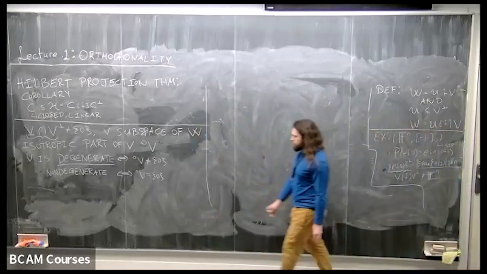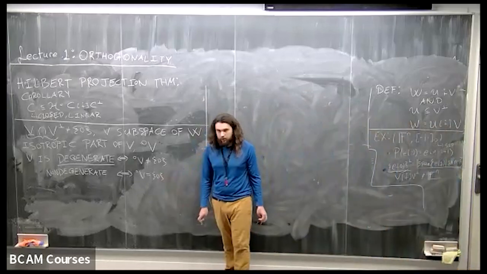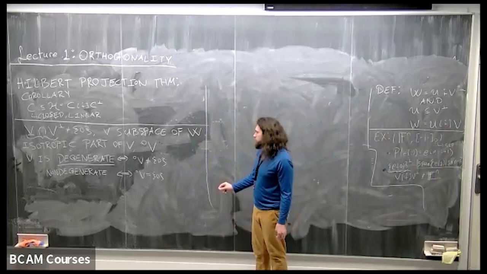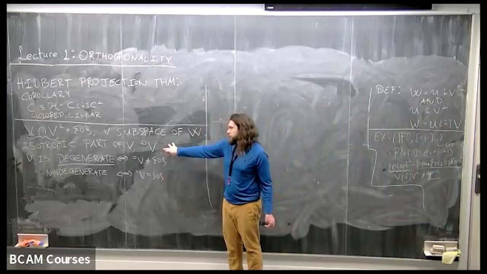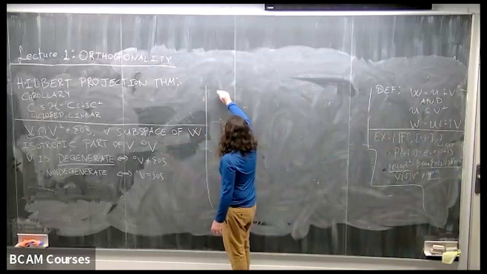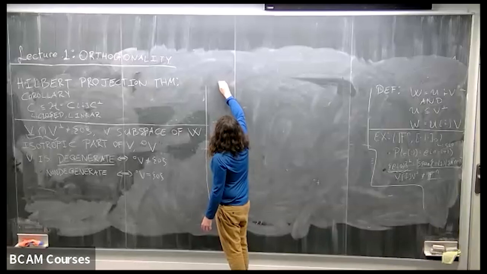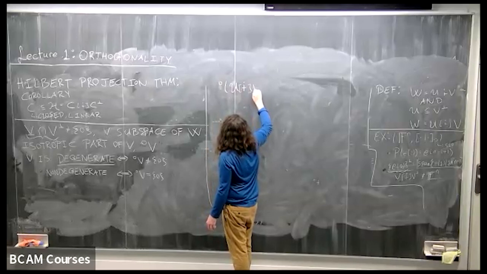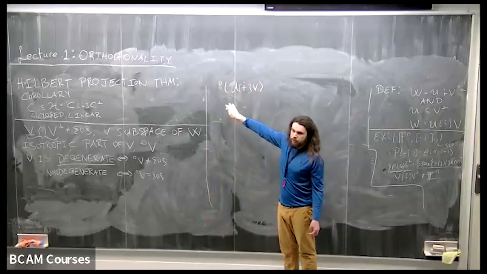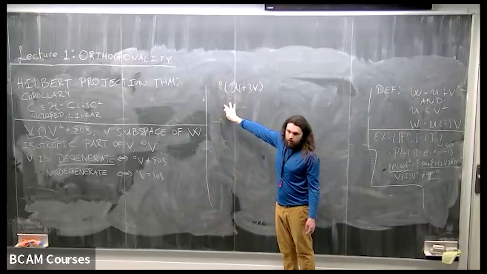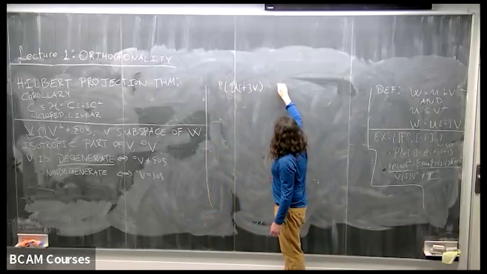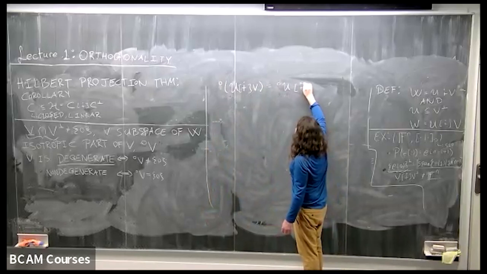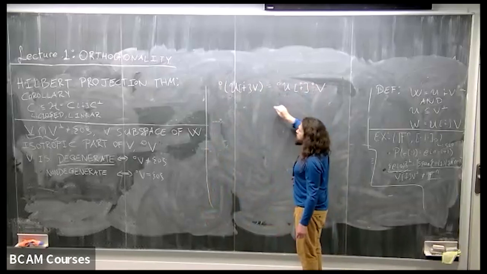As a first step to relating the non-degeneracy of a subspace to its ability to be a direct summand, I'll prove a quick lemma regarding the isotropic parts of direct summands, and that's this one. So I can either compute the isotropic part of a direct sum after doing the direct sum, or I can compute the isotropic parts first and then compute a direct sum. So this is a lemma.